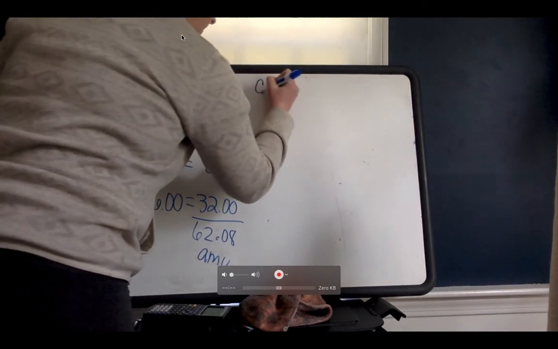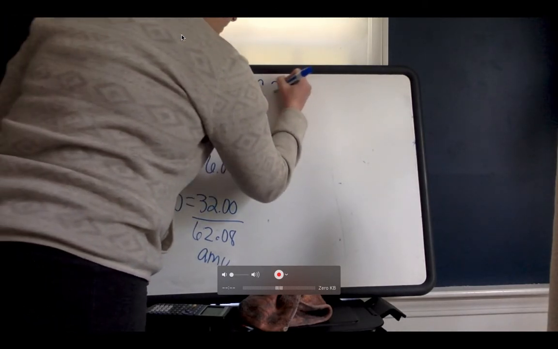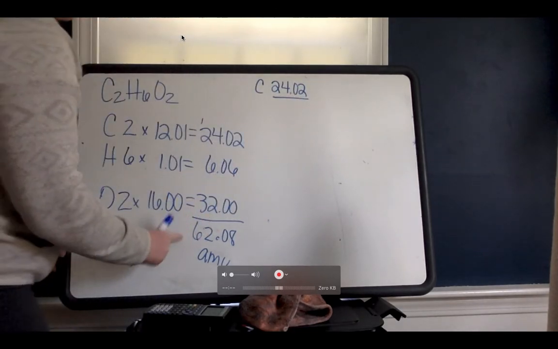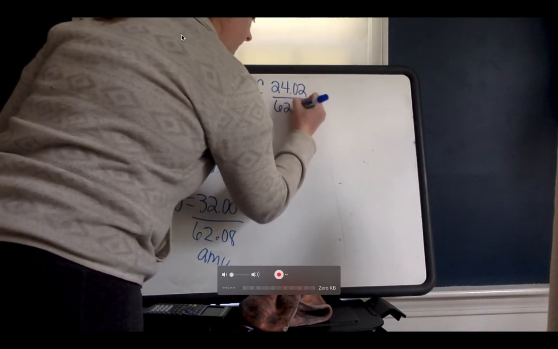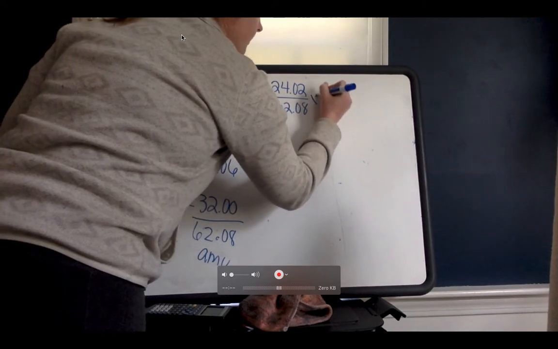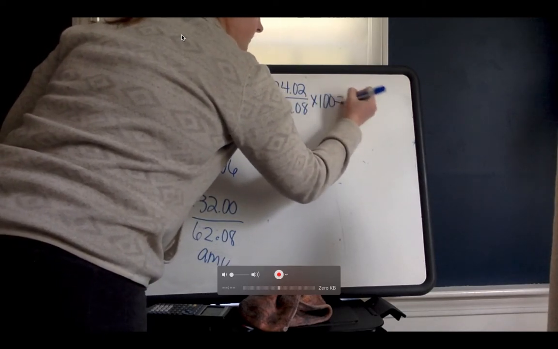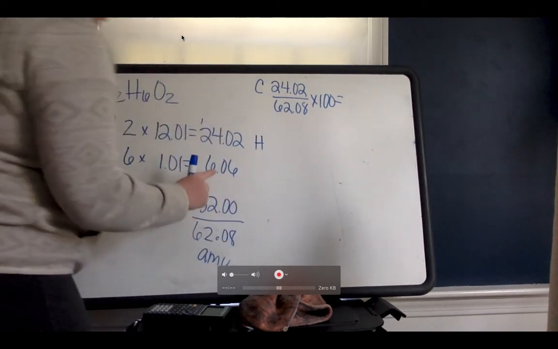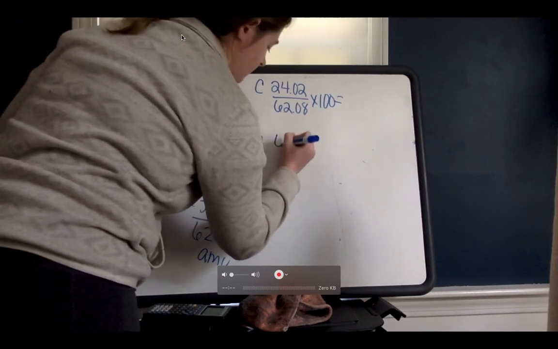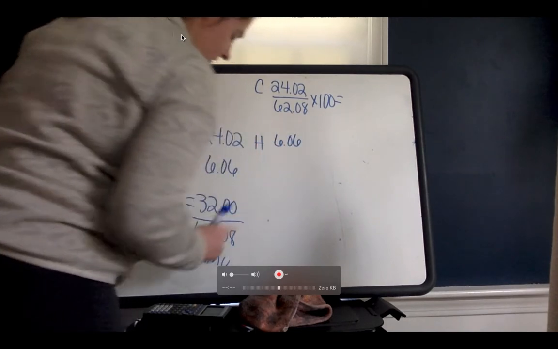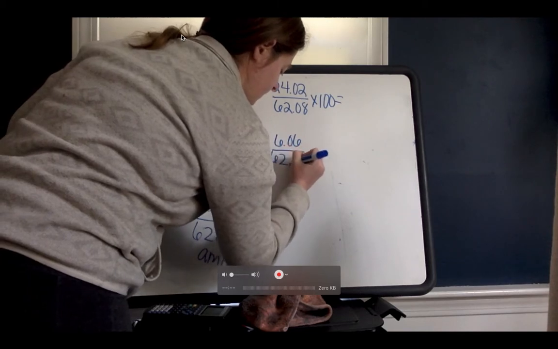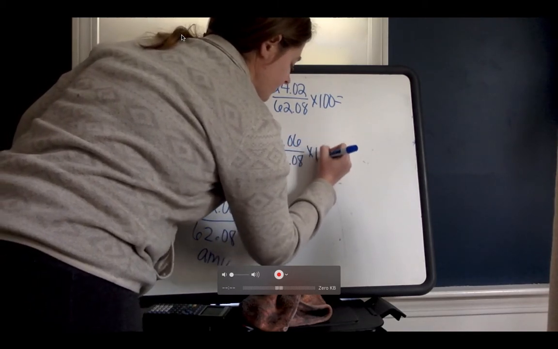Now we do the individual divided by the total. So carbon, our individual is 24.02, divided by our total, which is 62.08. Since we want a percent, we're going to multiply by 100. Our hydrogen is 6.06 divided by the total, which is 62.08, times 100 since we want a percent.